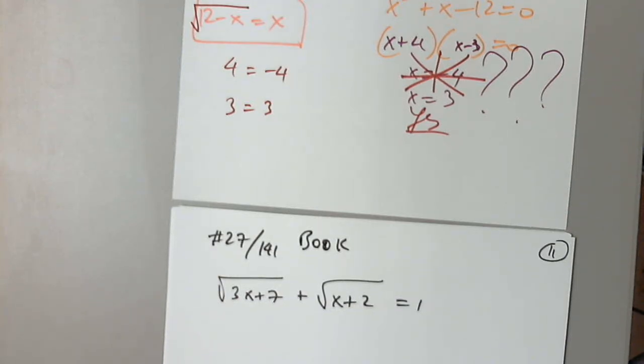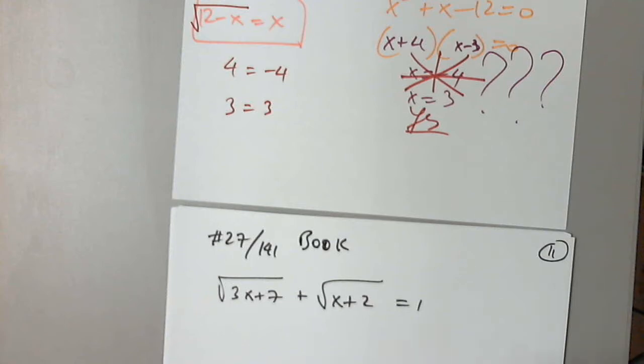Whenever this happens, which means a radical equation with 2 radical expressions, it is wise, not mandatory, but wise to separate the radicals. Why? It will be easier to square, and you'll see in a moment why.